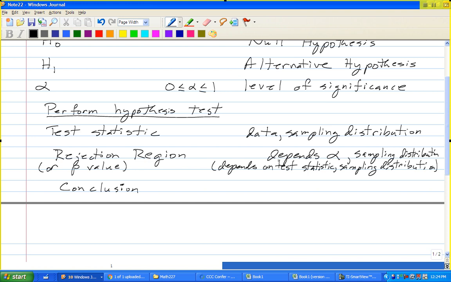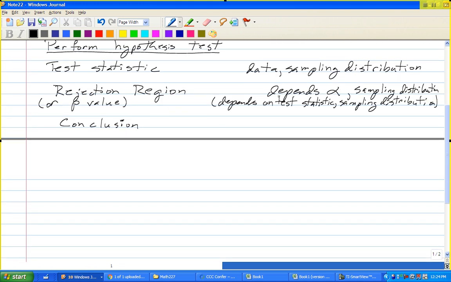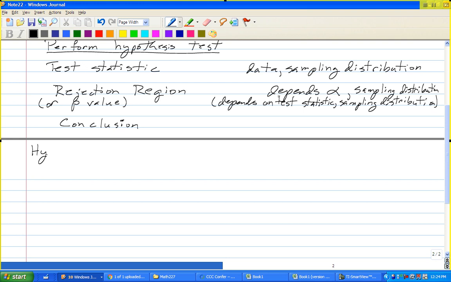Let me say this again. A hypothesis test will be some claim about the population parameter. Let me call theta my population parameter.